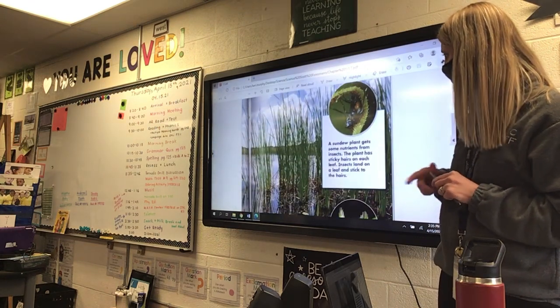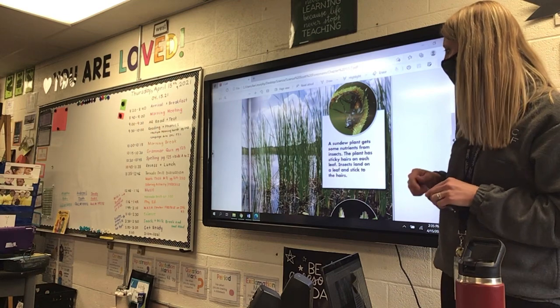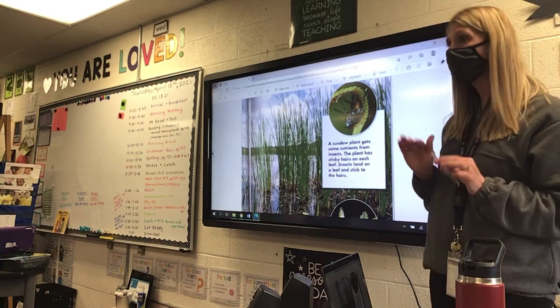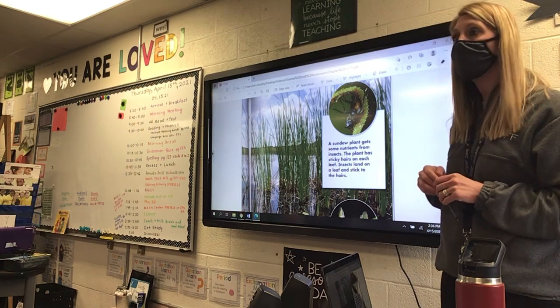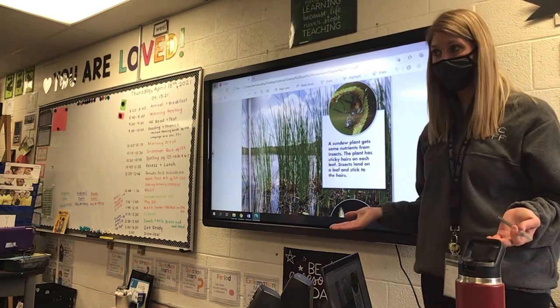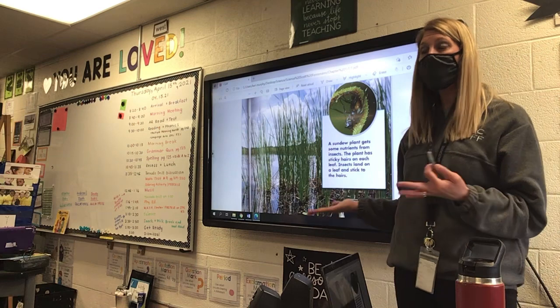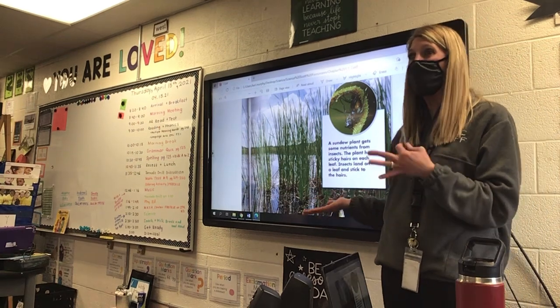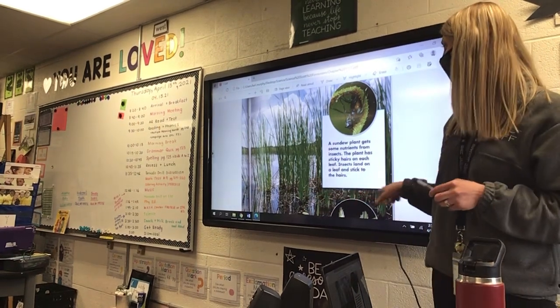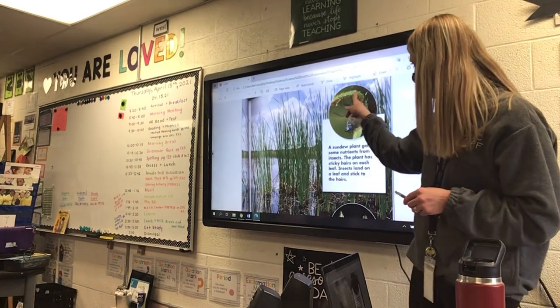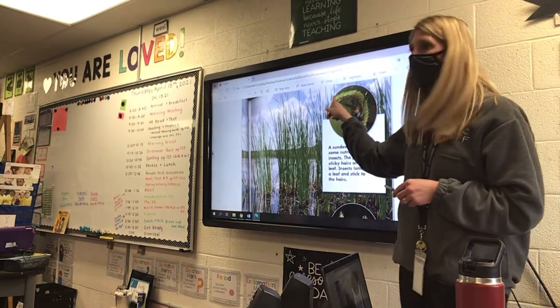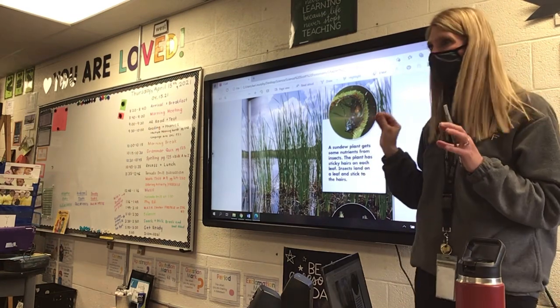Now look at this. This says a sundew plant gets some nutrients from insects. So insects are the ones that are giving it nutrients. The plant has sticky hairs. I know it's kind of hard to tell, but this is the green plant here, and it has really sticky hairs.